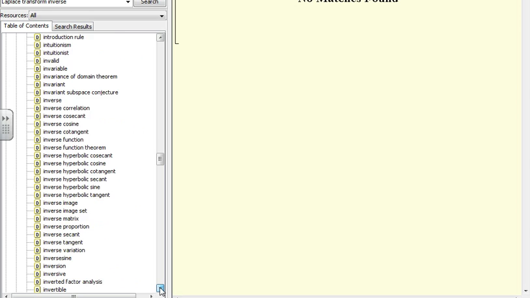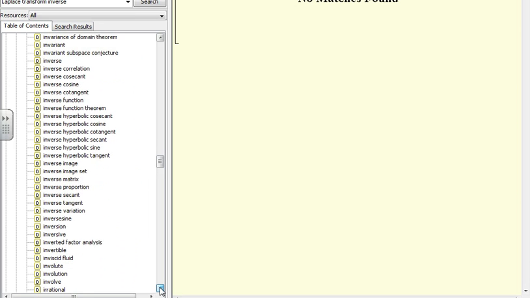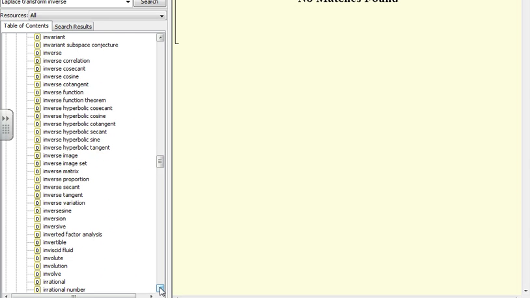Inverse tangent, inverse. I don't believe it. There's no inverse Laplace transform.